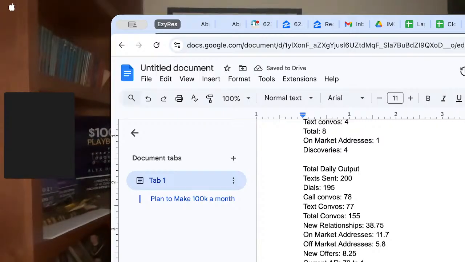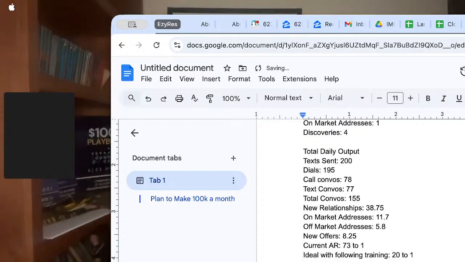If I can just do this volume, as long as I do what I'm trained to do, we've been training really diligently on deal qualification. As long as I'm very diligent about my training and following the training, then I should be able to get 8.25 offers a day with an acceptance ratio of 20-1.